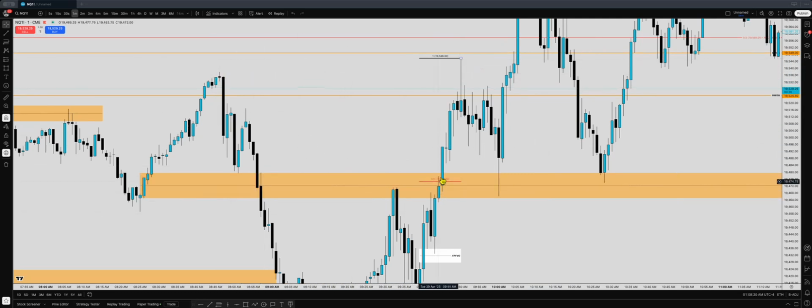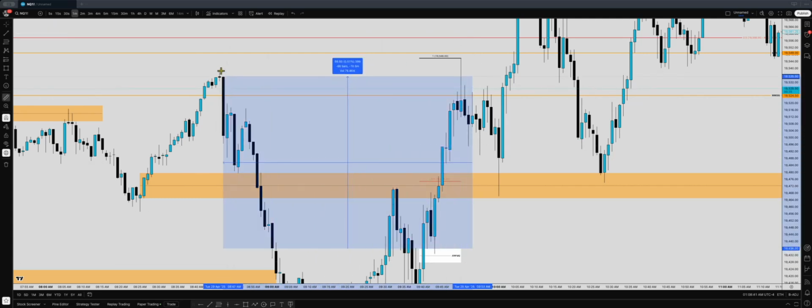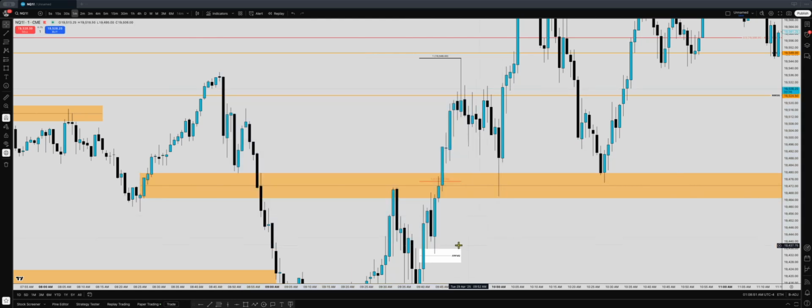So within 1, 2, 3, 4, 5, 6, 7, 8 minutes, if you would have got it right at the beginning of the first fair value gap to there, that would have yielded 102 handles in 8 minutes. That's pretty good. That's beautiful.